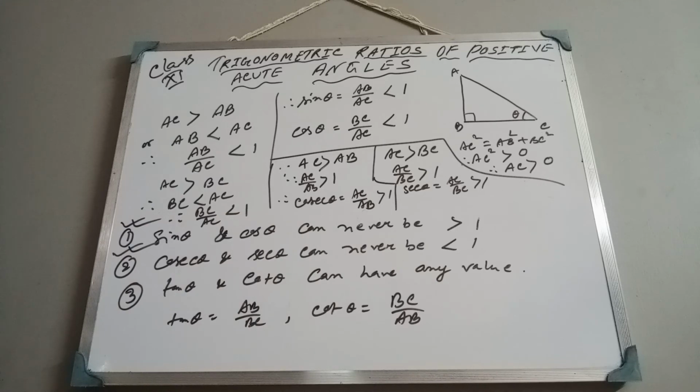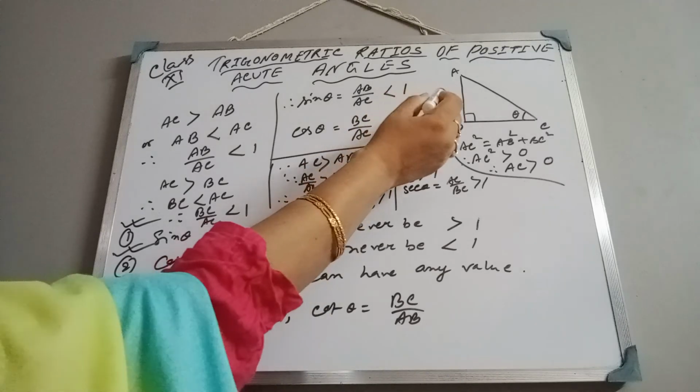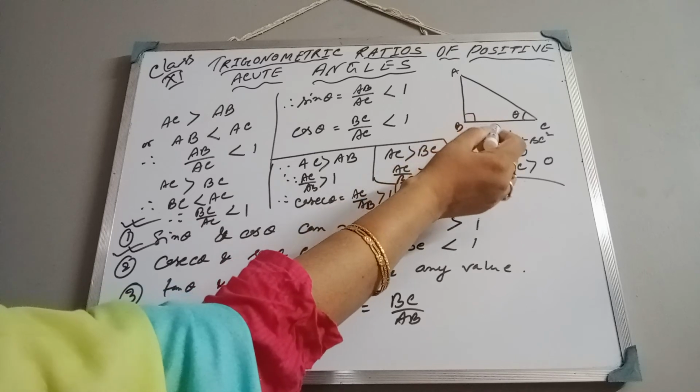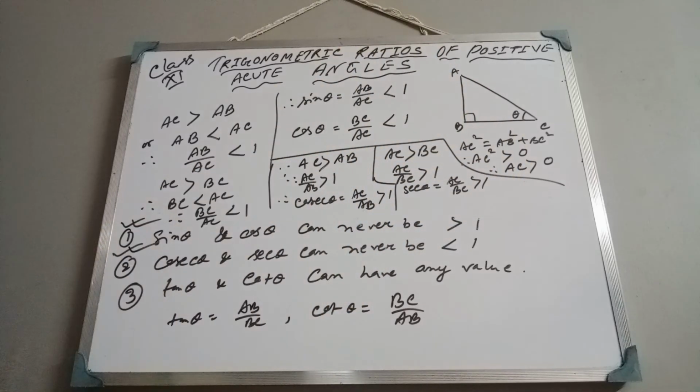As AB may be more than BC, that means the perpendicular part may be more than the base part, or the base part may be more than the perpendicular part.